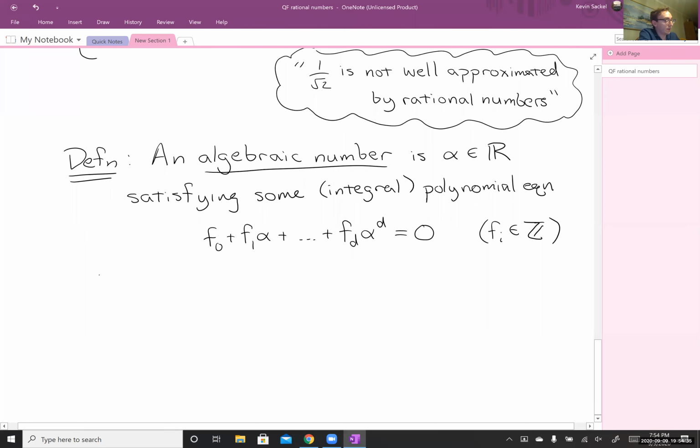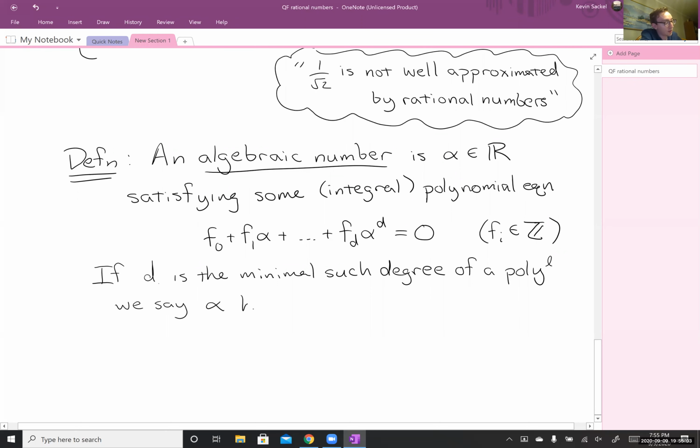So if d is the minimal such degree of a polynomial, we say alpha has degree d, or is algebraic of degree d.